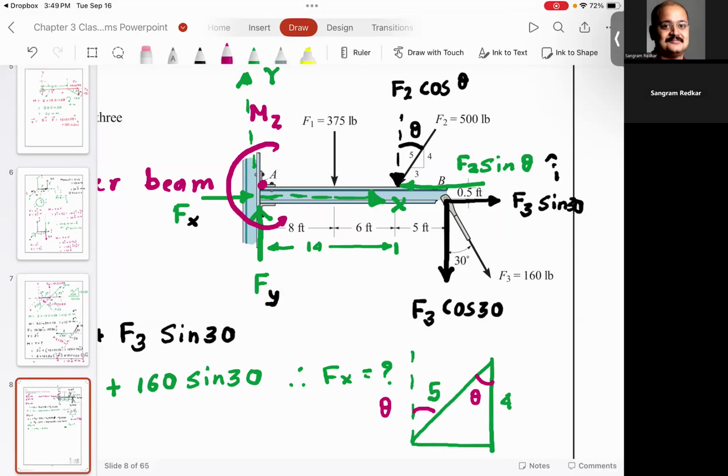However, that point A is offset by 0.5 feet in the vertical direction and 19 feet in the horizontal direction. So both the components of F3 will give you moment. Do you agree with me? Everyone understood this? So I will write that thing down.